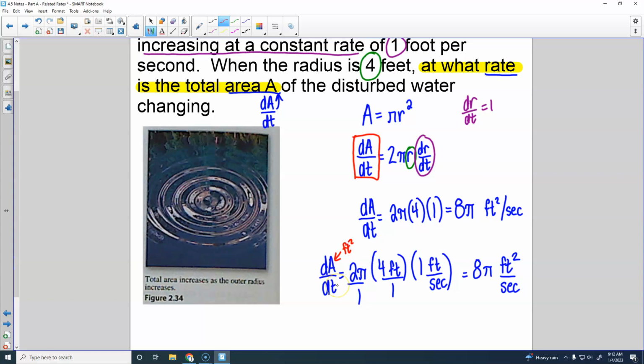So your area is going to be feet squared, and you're looking at this with respect to time. So you're going to look at whatever time was used for your rate up here, so feet per second, so that we're using seconds. Because it's a rate, it's not just going to be square feet, it's going to be square feet per second.